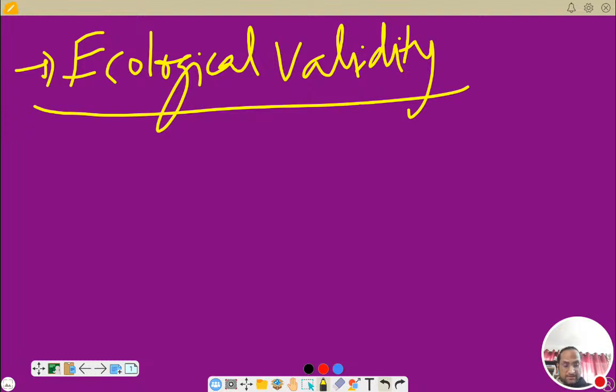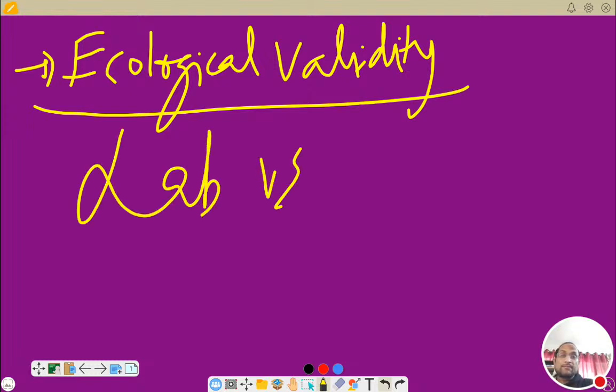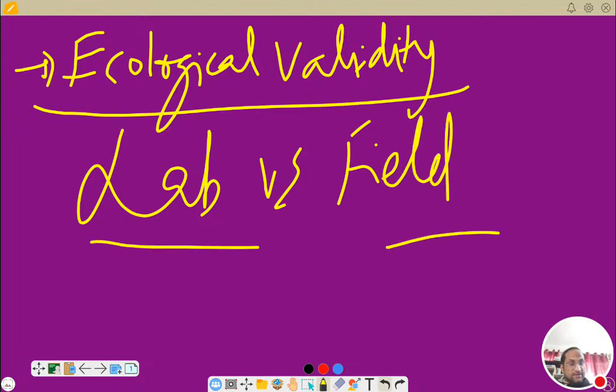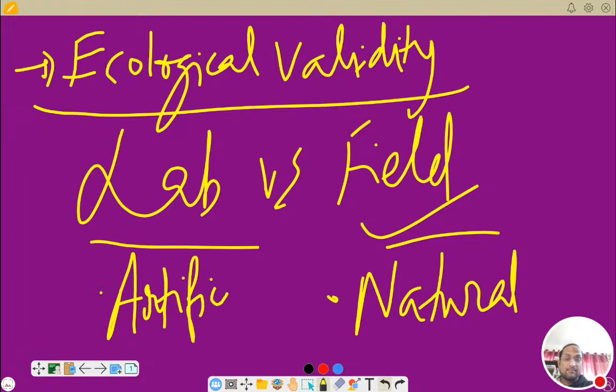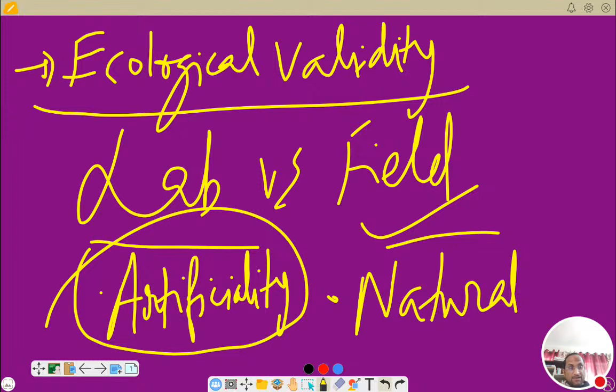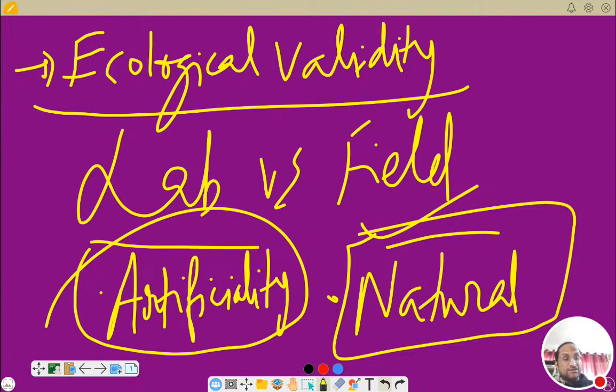When questions come up, lab versus field. What is the difference? The field experiment is being done in a natural setting. The lab experiment has artificiality primarily. Now this artificiality is bringing down its ecological validity, whereas the field experiment, being done in a naturalistic setting, will increase its ecological validity.